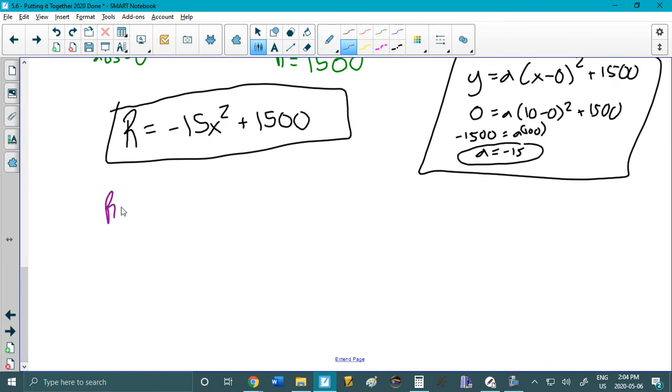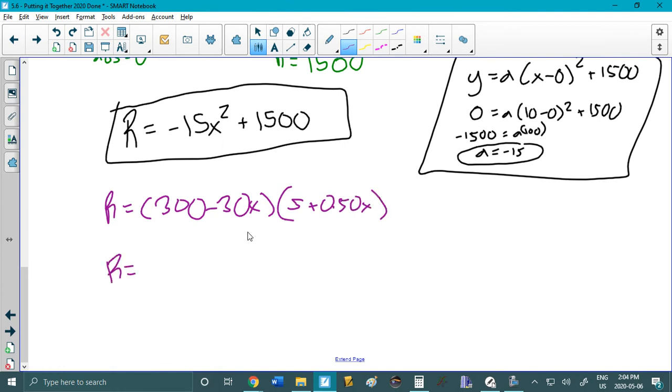And now another way that you could have gotten the a value is to take the original equation. So r equals 300 minus 30x times 5 plus 0.50x, and FOIL it out. So r equals 1500 plus 150x minus 150x minus 15x squared.